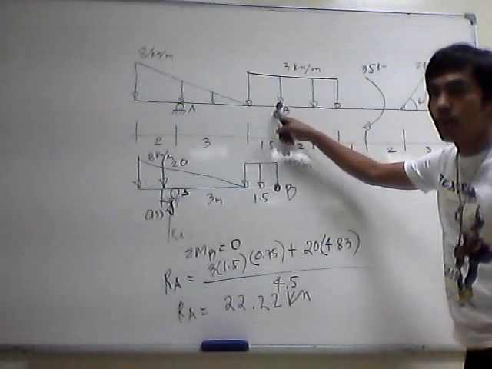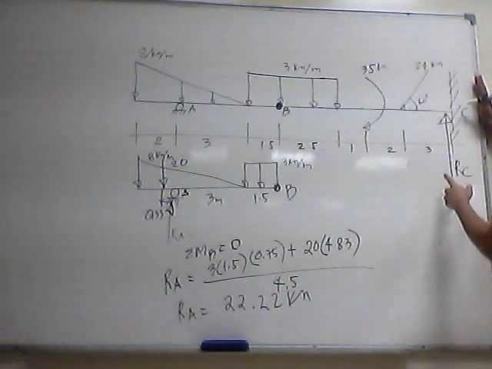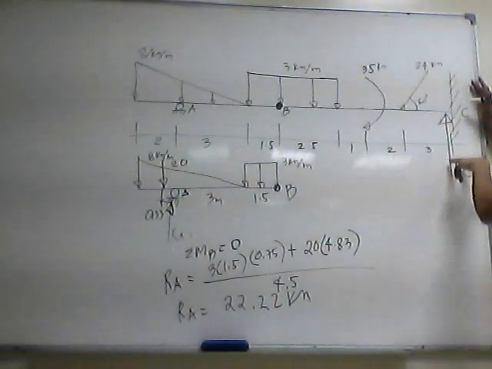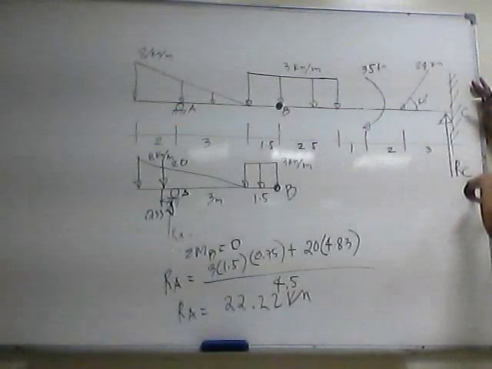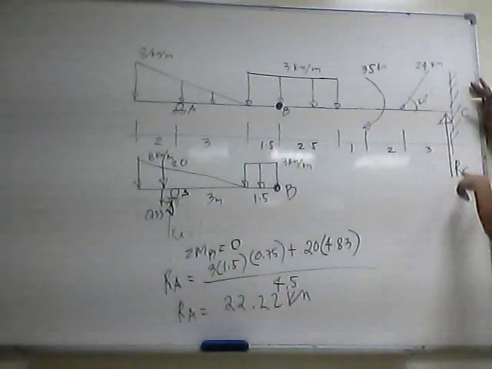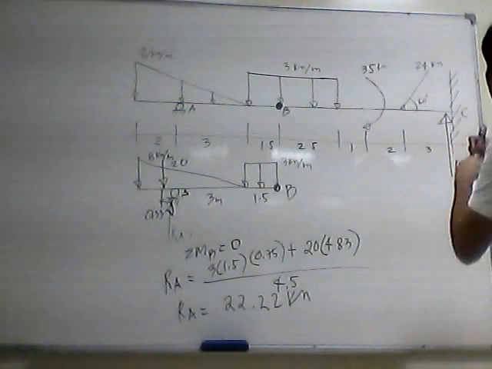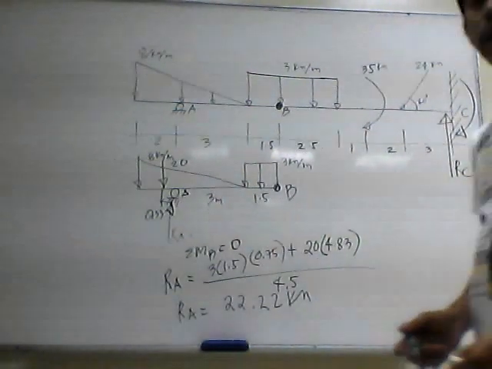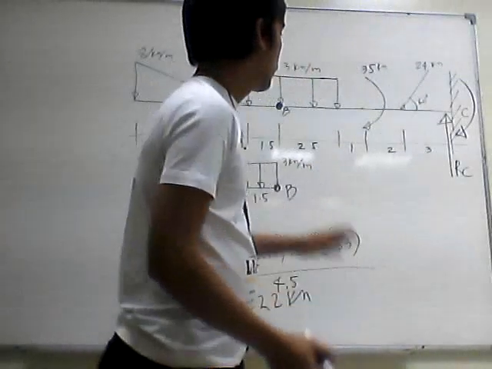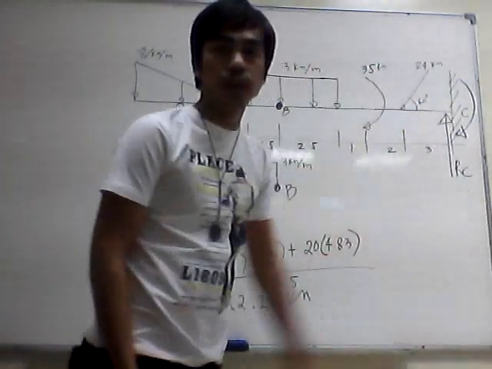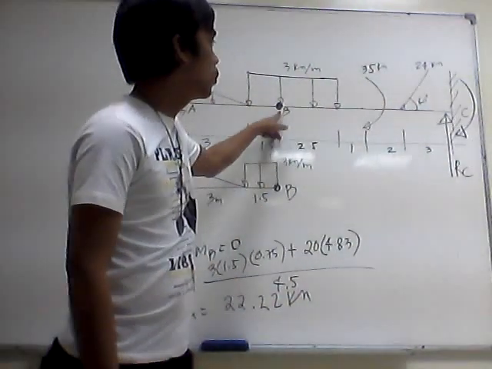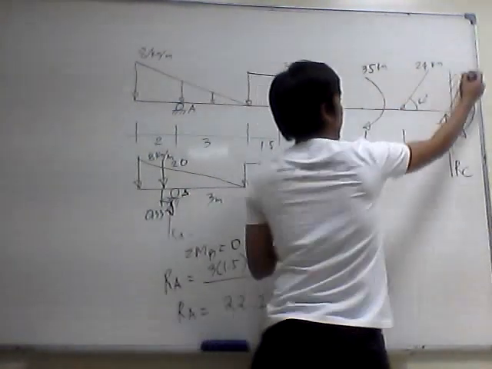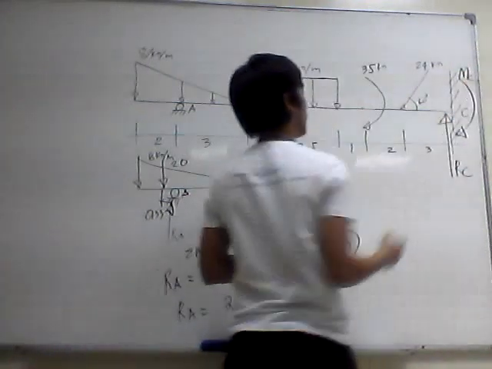You cut this beam, consider the right portion, and you have RC here and the external moment at C. So we cannot use this option. Why? Because we have two unknowns, one is RC and the other is the moment at C.